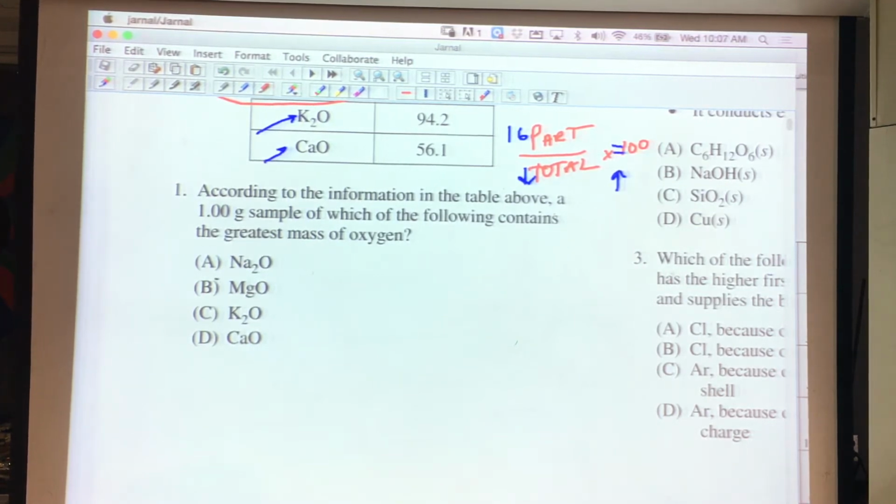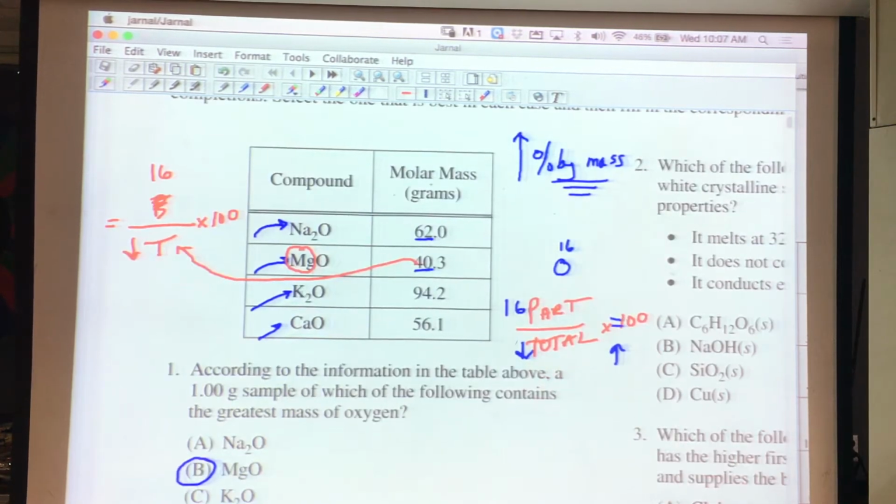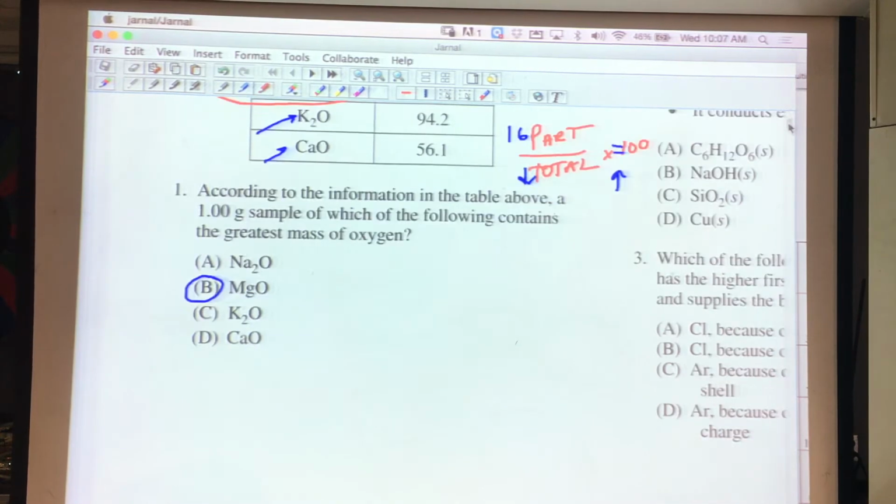And that's why B is the answer, because of all the choices, it's going to have the smallest atomic mass, or at least mass of the element. There's 2 potassium, each one's 39, each one of calcium is 40, magnesium's 24, each sodium's 23. So this is the least massive of the 3, which gives you the greatest percent by mass. I've seen this before. Going over these multiple choices, I've seen this before. So it's kind of a question you want to be able to handle.